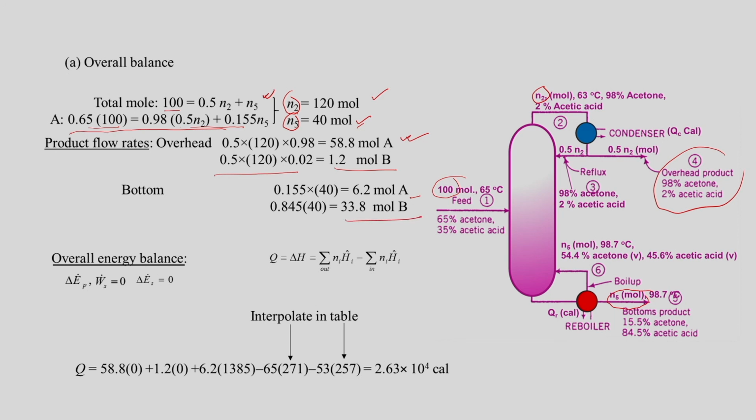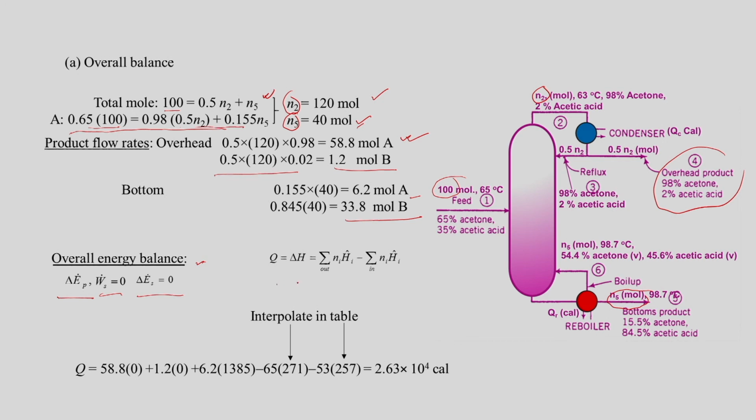Now, if we do the overall energy balance here, again the potential energy is to be neglected, and shaft work is to be neglected, and the phase change energy will be negligible. The kinetic energy will also be neglected.